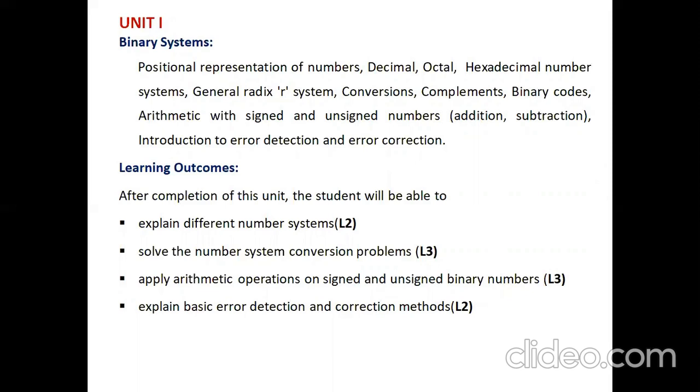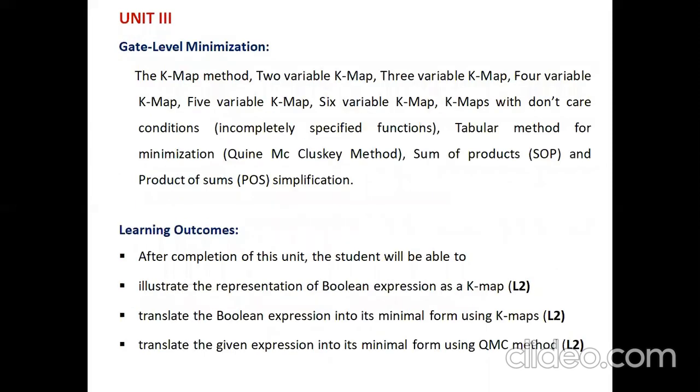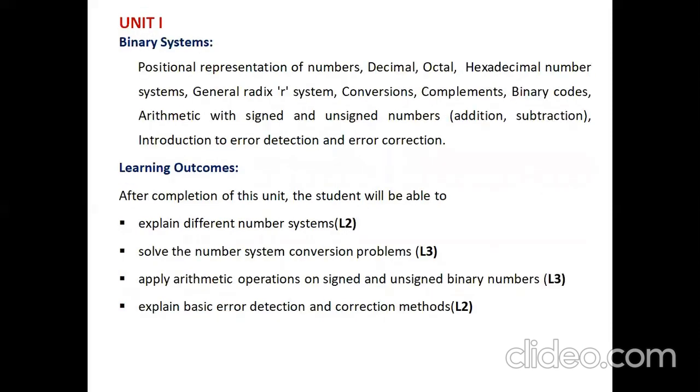And the student should be able to perform arithmetic operations on signed and unsigned binary numbers like addition and subtraction. And he should be able to explain basic error detection and correction methods like parity check methods, Hamming codes, etc.